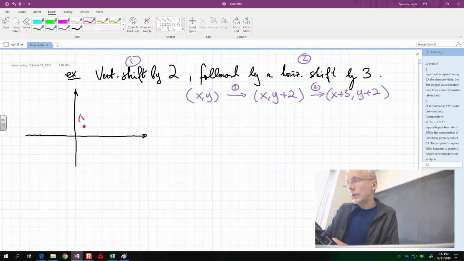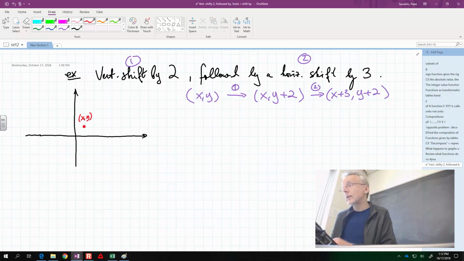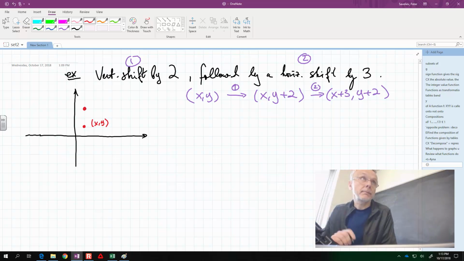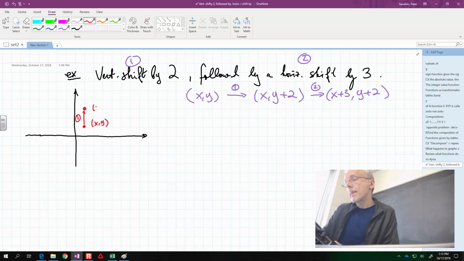So once again, generic point x, y. I already know where my next location is going to be. It's going to be here. Over here. That's the first step: x, y plus 2.